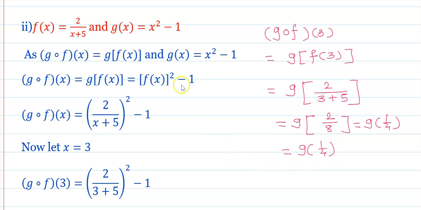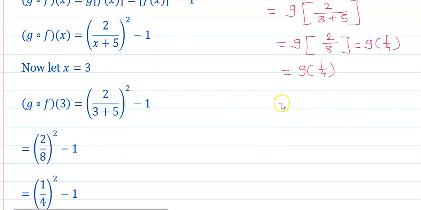Now what is g of x? g of x means x square minus 1. And hence 1 by 4 in bracket squared minus 1. And that is equal to 1 upon 16 minus 1.